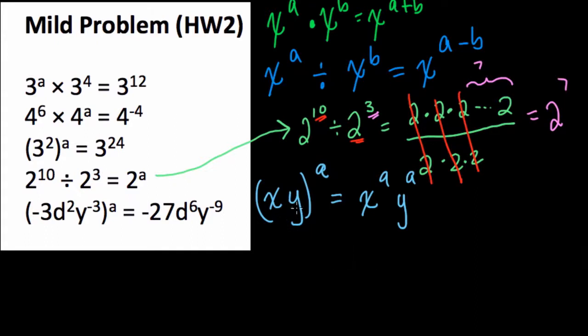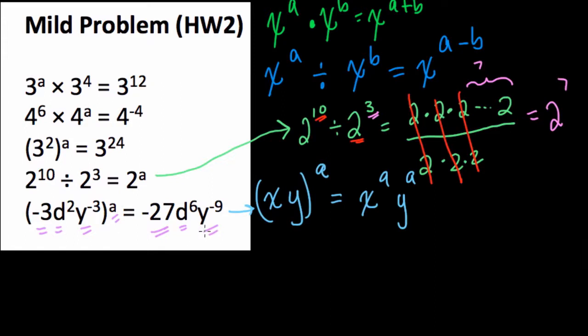So if we have x times y to some power, we can take x and raise it to the a power, or whatever power it is, and y to the a power, multiply them, and we'll get the same answer. So how does this play out in a problem like this? Well, we have negative 3 times d squared times y to the negative 3rd, all to the a power. And we know that it equals negative 27 times d to the 6th times y to the 9th.